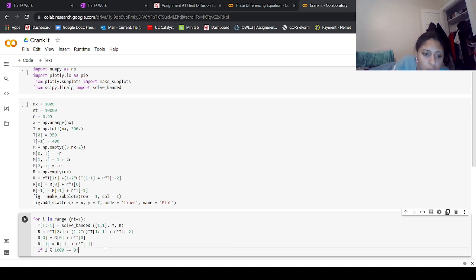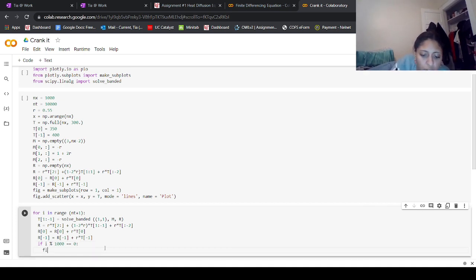Okay, we want a figure, we want an add, and we want a scatter. So we have x is equal to x, y is equal to t, and mode is equal to lines, and then name.